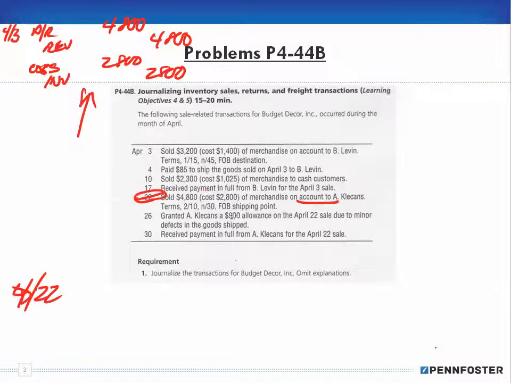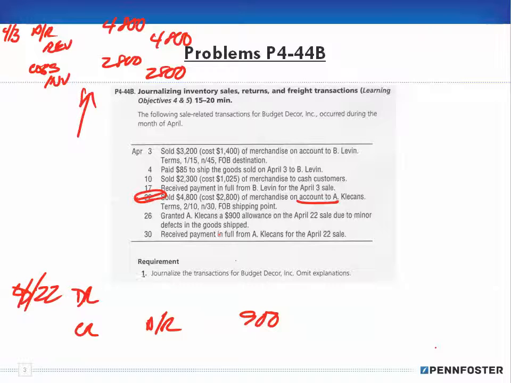If we're allowing them a $900 allowance, am I affecting cash? No. Am I affecting accounts receivable? Yes, because we're giving them $900. If my accounts receivable was a debit for $4,800, I'm going to credit my accounts receivable for the $900, because we're reducing it by $900. Debits have to equal credits, so I have to debit something else.